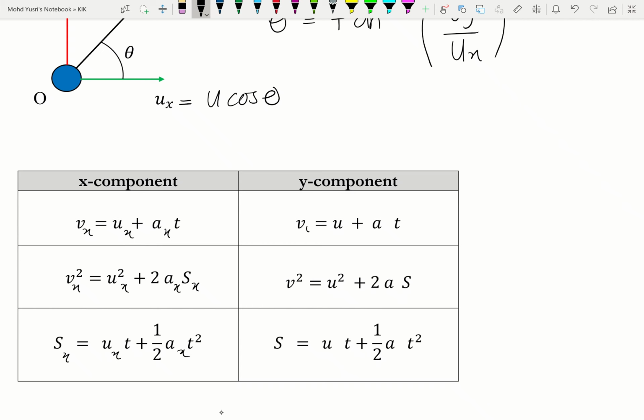For the y component, vy is equal to uy plus ayt, vy square is equal to uy square plus 2ay sy, and sy is equal to uyt plus half ayt square.